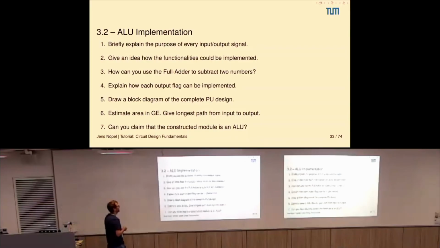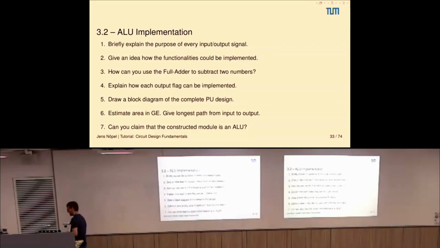So the first thing is to briefly explain the purpose of every input and output signal, meaning that on the task sheet you'll find a figure depicting a processing unit, and it is labeled with input and output signals. So briefly explain what you expect those signals mean, and also give an idea of how the functionality of those signals could be implemented.